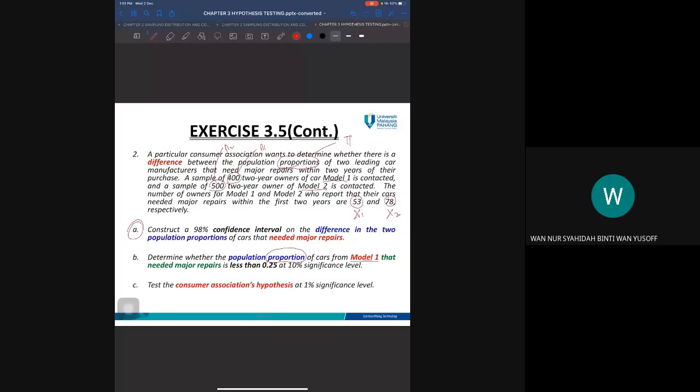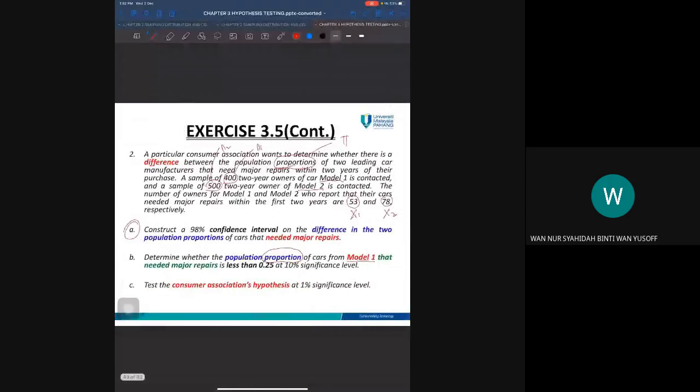So here we have single proportion or two proportions? Single proportion because it is only model 1. Okay. So all the information is already extracted here.